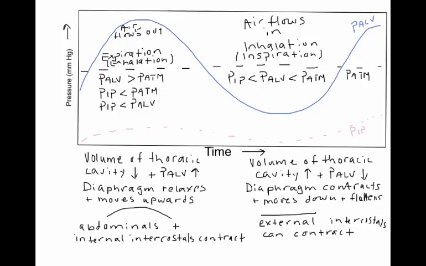We change the pressure inside the alveolar space by squeezing the air into a smaller space to increase the pressure, by contracting abdominals and internal intercostals and relaxing the diaphragm, so air flows out. Then as the diaphragm contracts and the external intercostals contract, the air is able to flow in as the volume in the thoracic cavity increases and the pressure goes down.